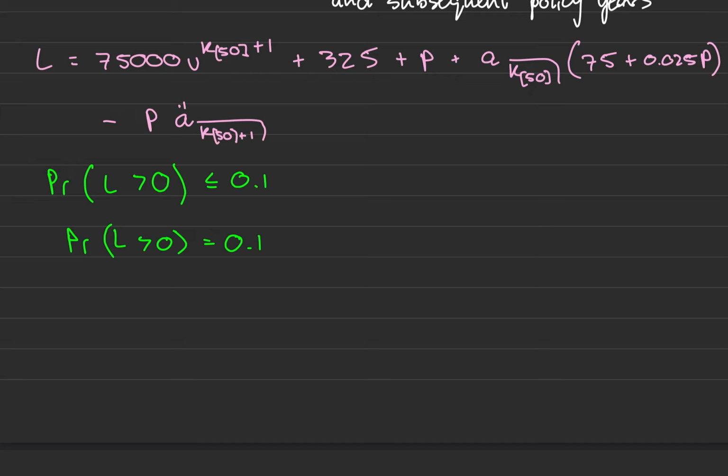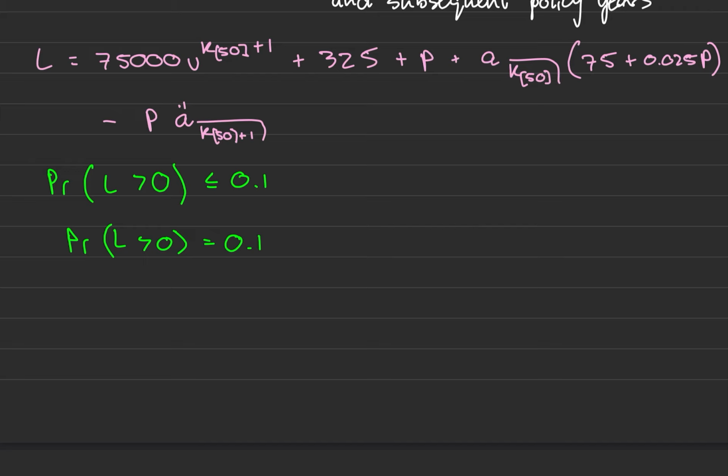Well, let's think about it. I am receiving premiums, and then at the end of the day, I'll be paying this 75,000. So the more premiums I receive, the greater my income. So if I end up receiving a lot of premiums, then I'll probably make a profit.